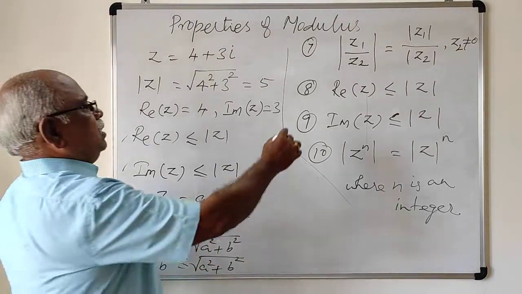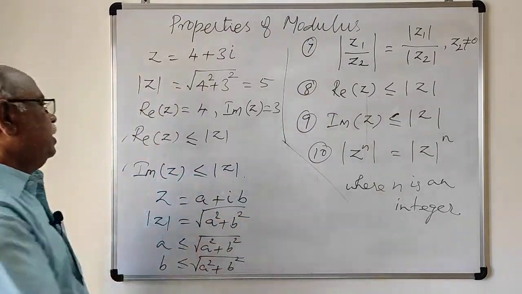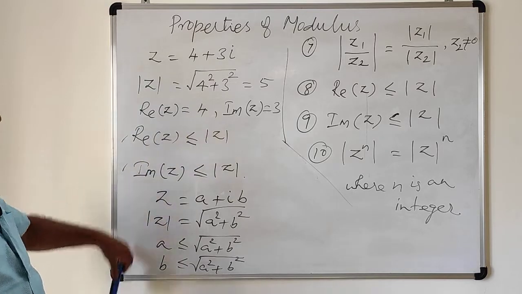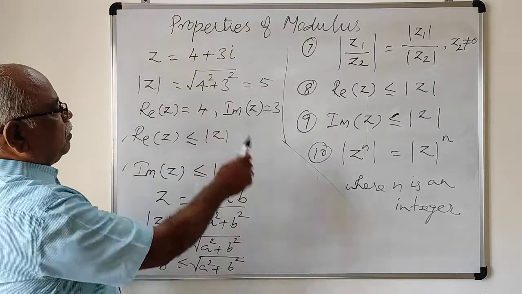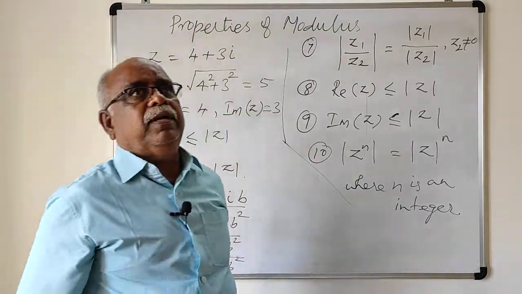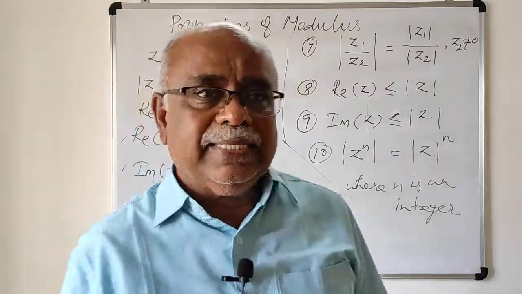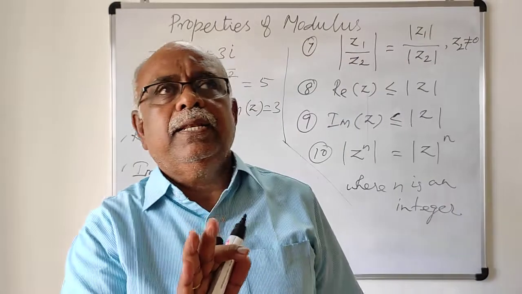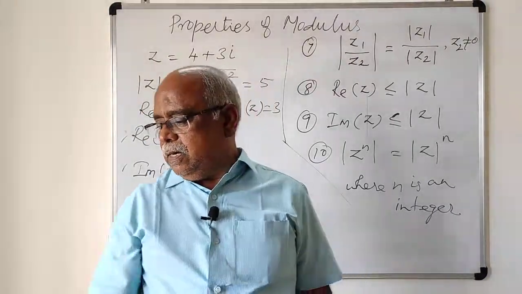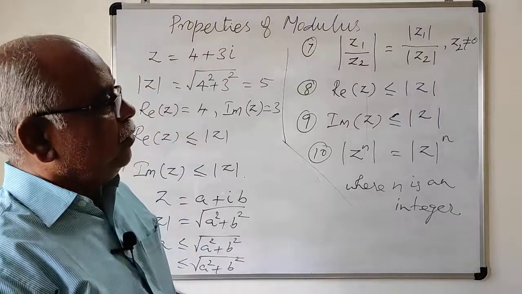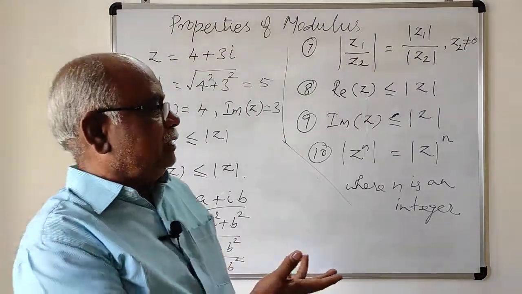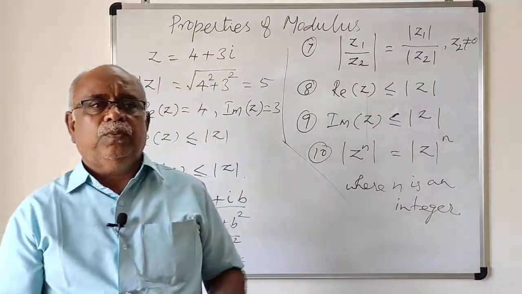You can conclude these two results from this example and this concept. These are the properties of the modulus of a complex number. Then we will go to the exercise problems in the book, exercise 2.5. We will solve the exercise problems in the next video. Thank you.